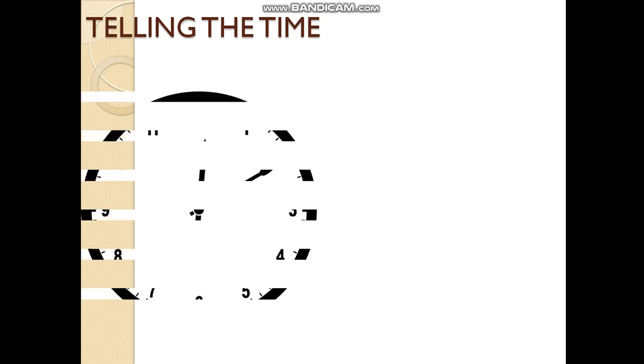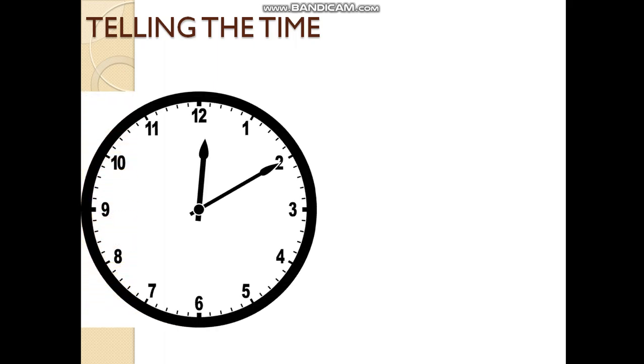Now we see the example. Now you can see in this clock the minute hand is representing 2, which means 10 minutes: 5 and 10. Now our hour hand is representing 12.